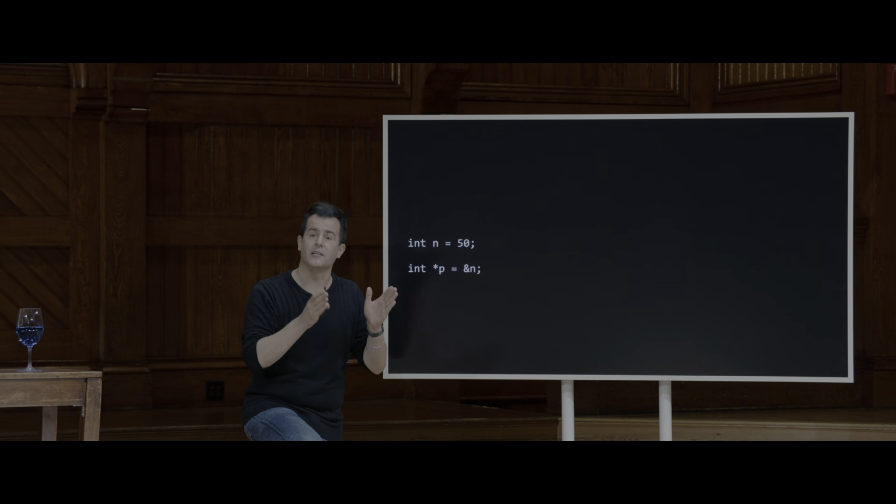What address? Well, &n, whatever that is, 0x something. When you do a star and then the name of a pointer, without specifying a type, this just means go there. So the star clearly is related to memory, is clearly related to addresses. It's unfortunate that it's the same symbol.